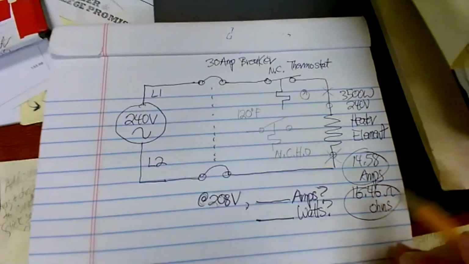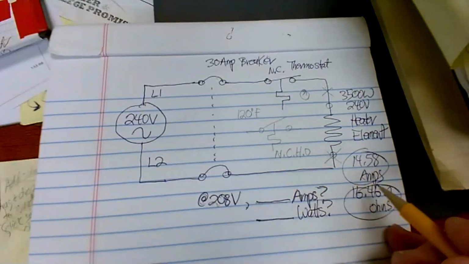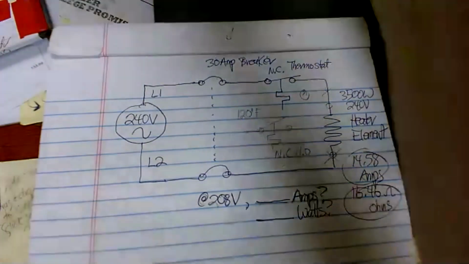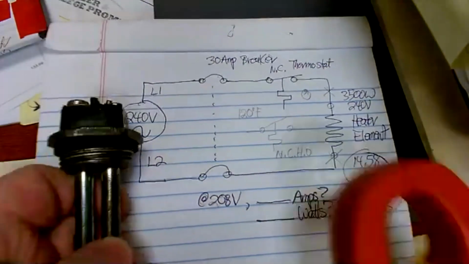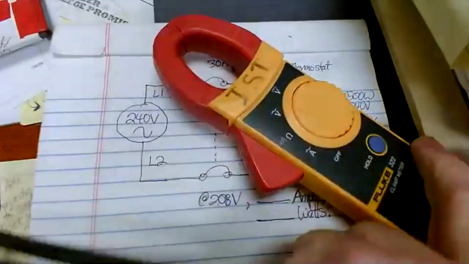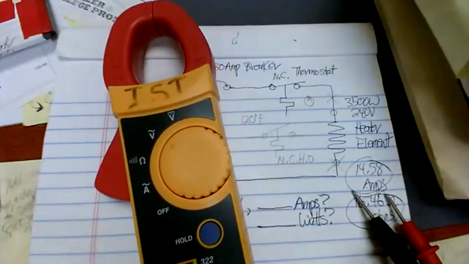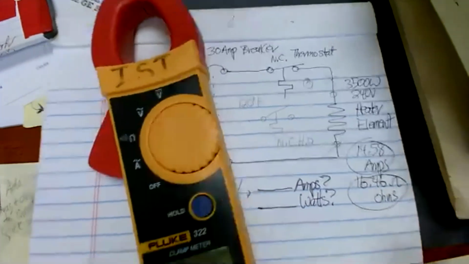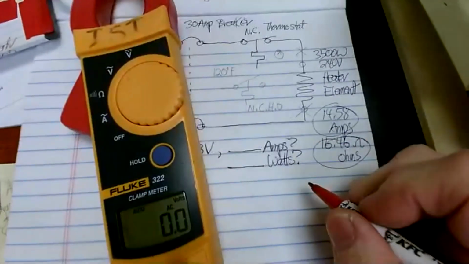It can vary some in real life. This one, when we checked the resistance, we didn't get exactly 16.46. The reason you may not get exactly that when you measure it is because of something called tolerance. Now, resistors and heater elements have a tolerance.